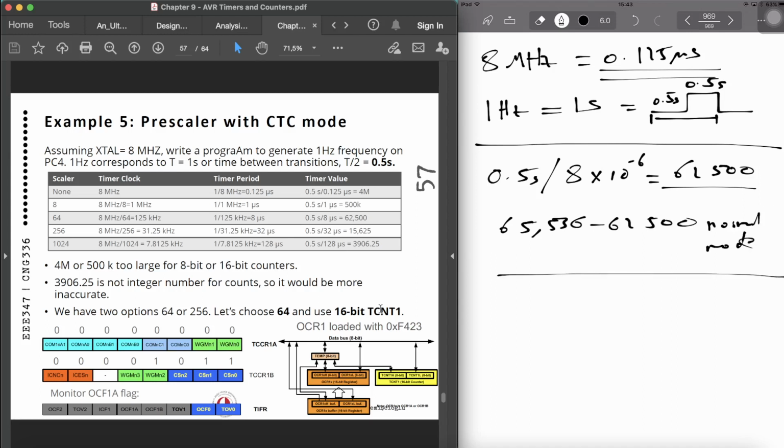Or if you are using, let's say, CTC mode, this is going to be 0 to 62,499, or you can write this as 62,500 minus 1, so you don't need to do a calculation over there.